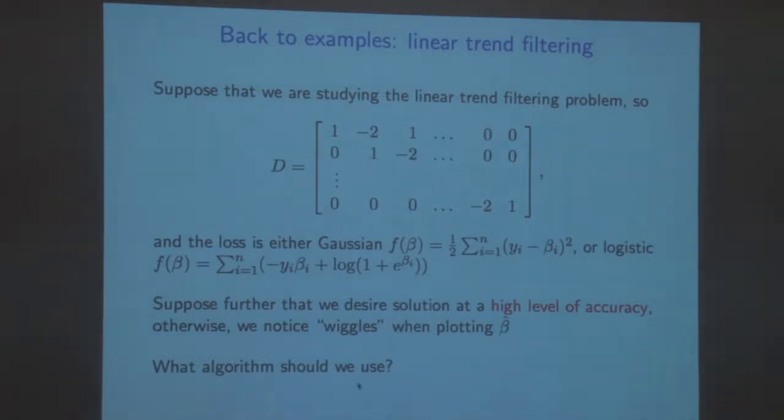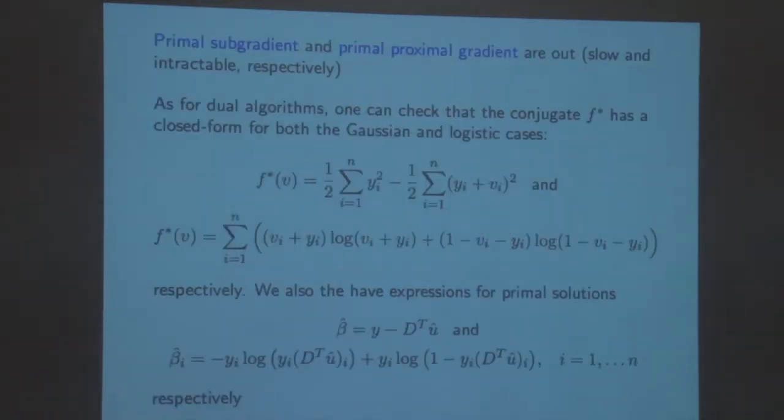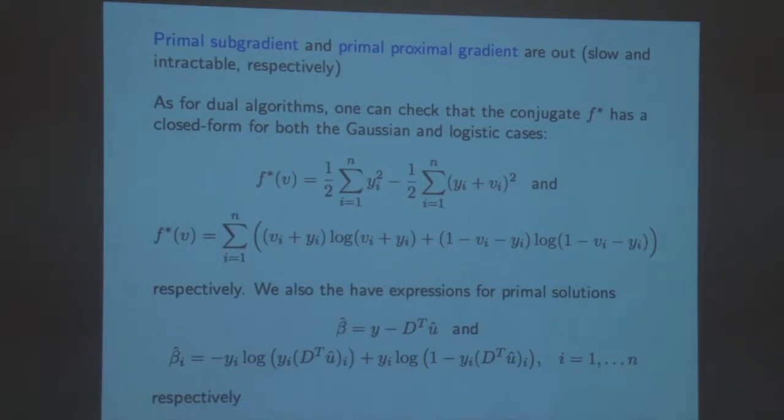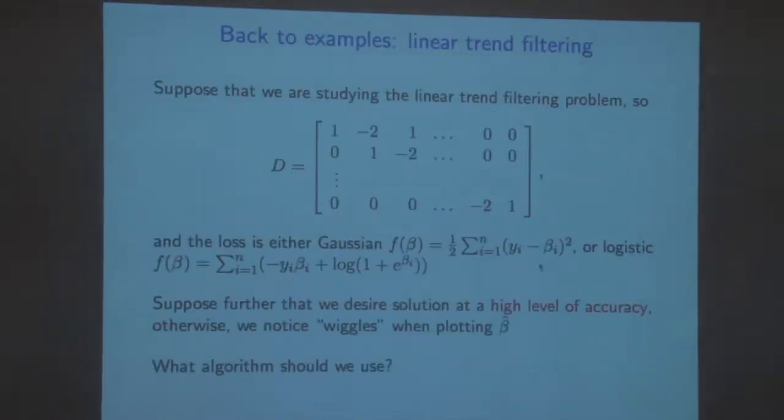So what algorithm should we use? Well, primal subgradient is out because it's just way too slow. If I run subgradient on the primal, then to get an accurate solution I'm going to need a ton of iterations. So it doesn't matter that its iterations are cheap. It's just far too slow. Primal proximal gradient is no different, say, for the Gaussian model. The prox operator is no different than the problem.